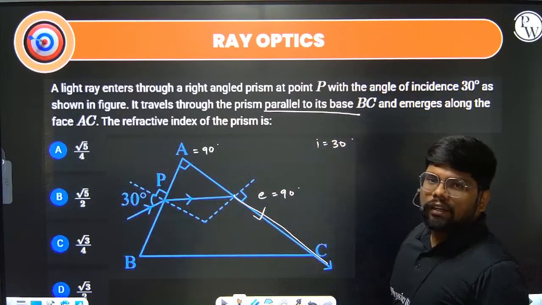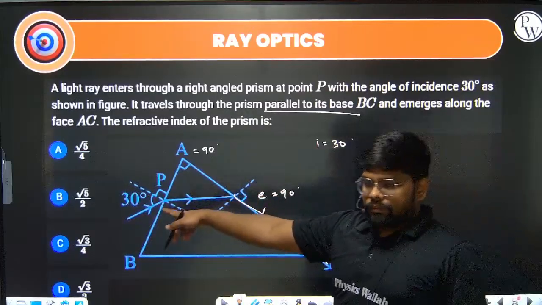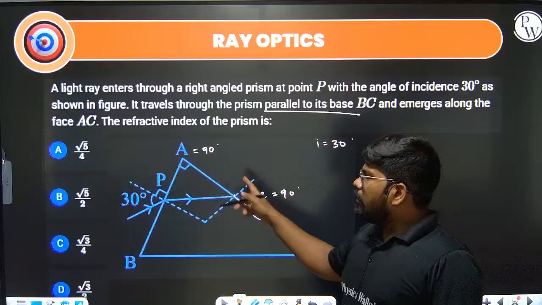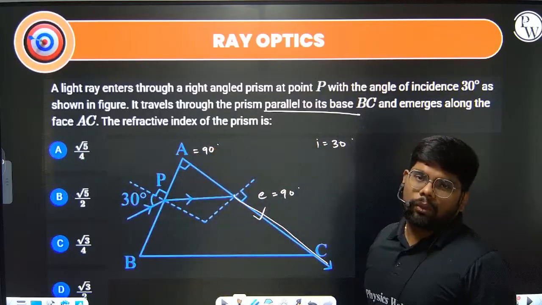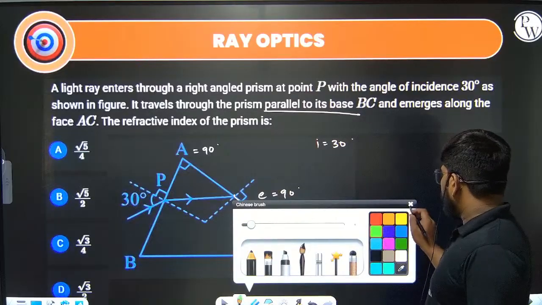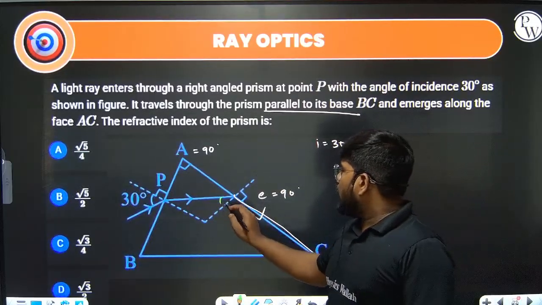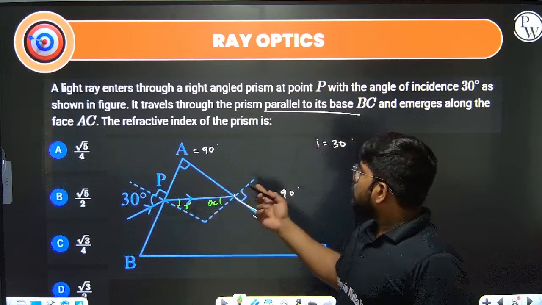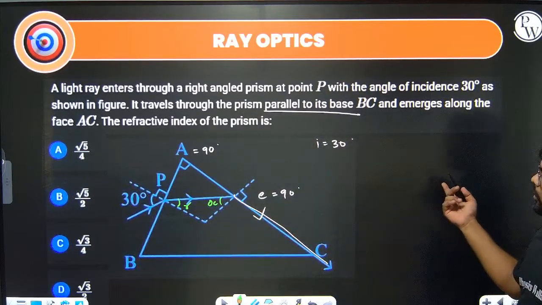Then they are asking to find the refractive index. We have i, we have e, we have the A value, and we want to find the refractive index. So how do you find the refractive index here? This is the critical angle, then only it is going to happen, and this angle is r. So what is the thing we can use here to find it?